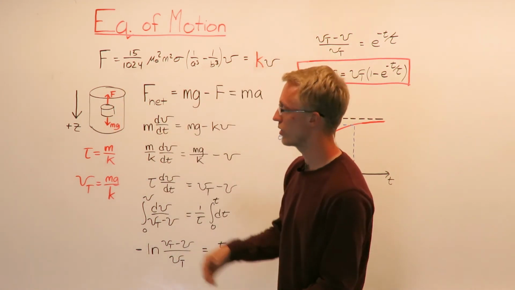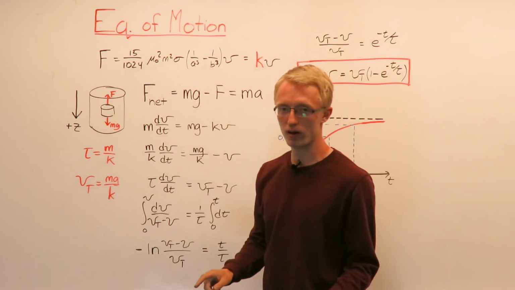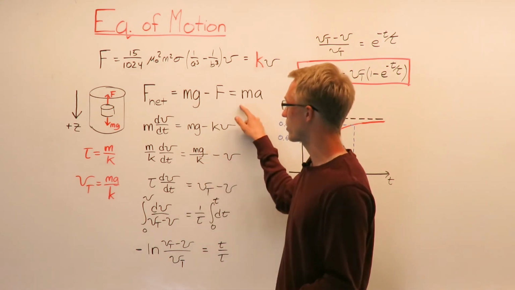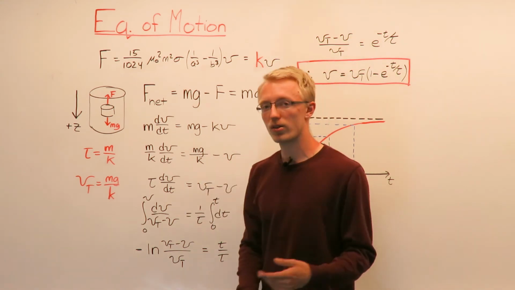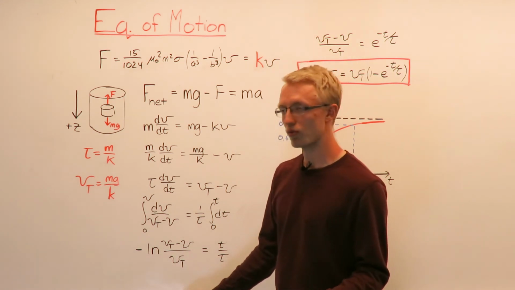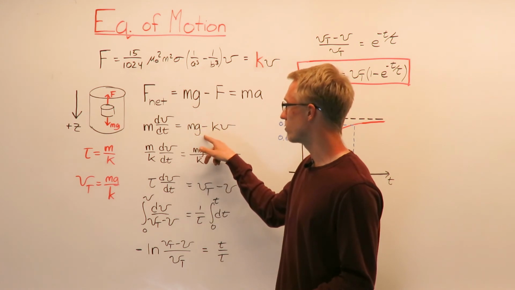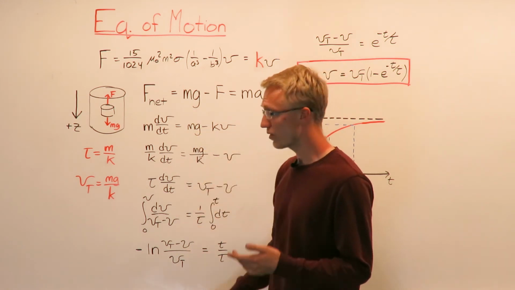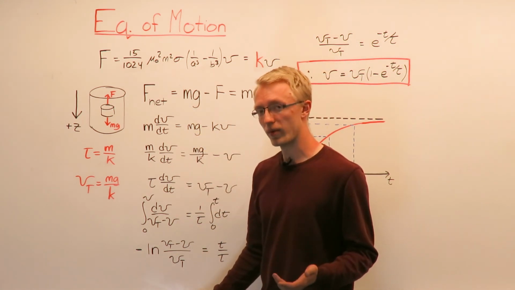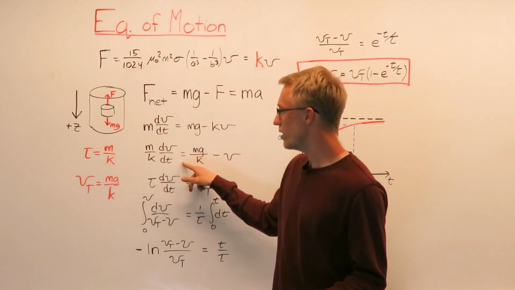Now the net force is equal to mg minus f, and from Newton's second law, we know that this is equal to the mass times the acceleration. The acceleration is just the time derivative of the velocity, so I can also rewrite this as m dv/dt equals mg minus kv.